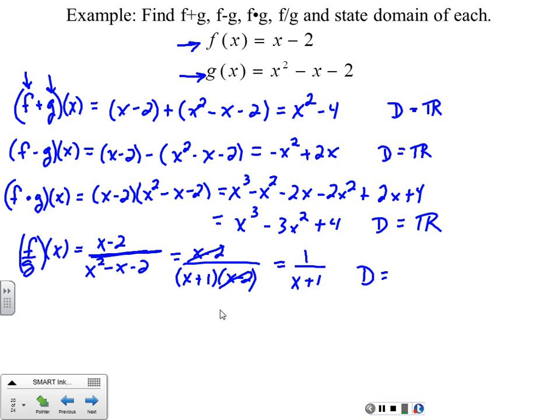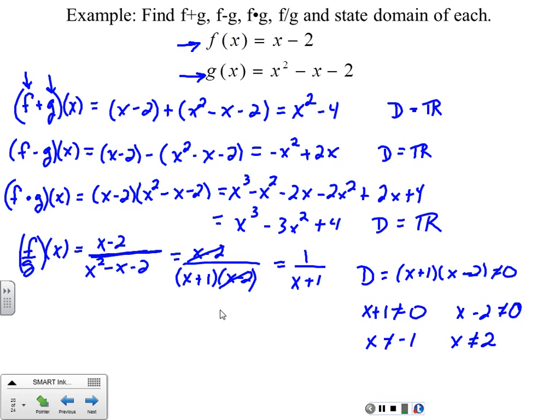X plus 1 and x minus 2. Neither one of those can be equal to 0. So we'll take each one. Cannot be equal to 0. So x cannot be negative 1, and x cannot be 2. So your domain would be any number except negative 1 and 2.